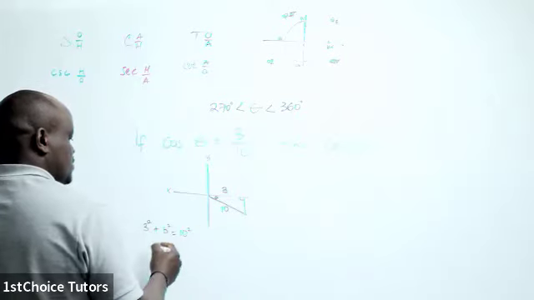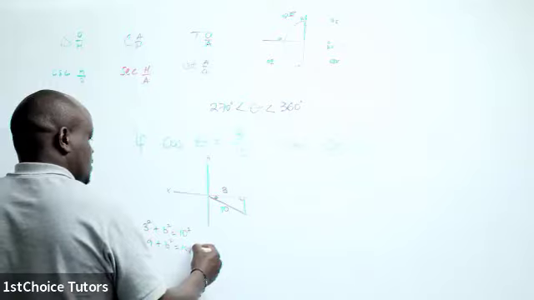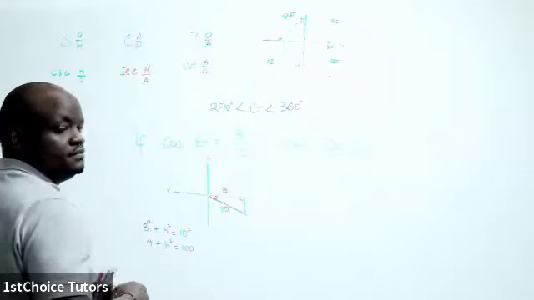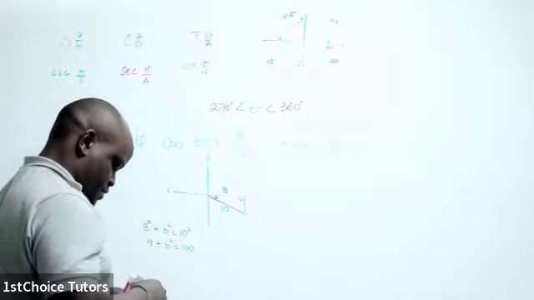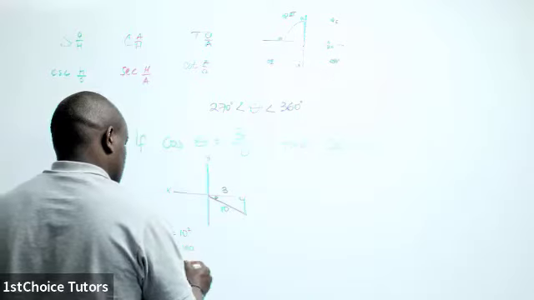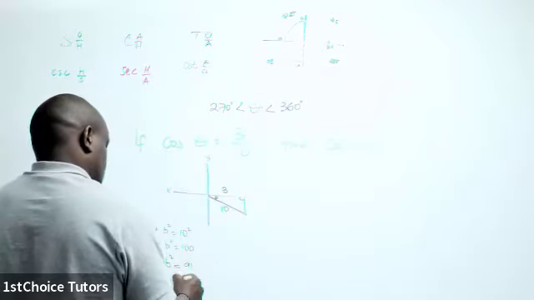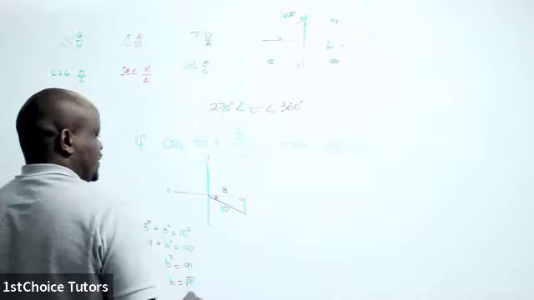So 9 plus b squared equals 100. Then minus 9, so b squared equals 91. Therefore b equals the square root of 91. Excellent.